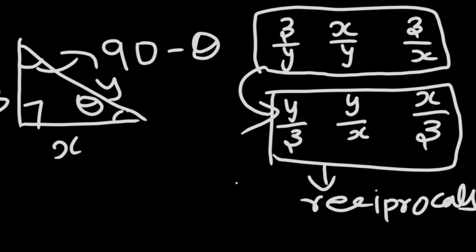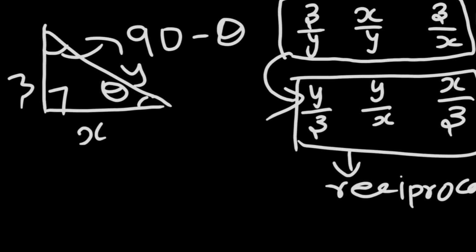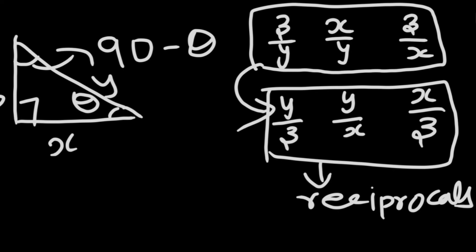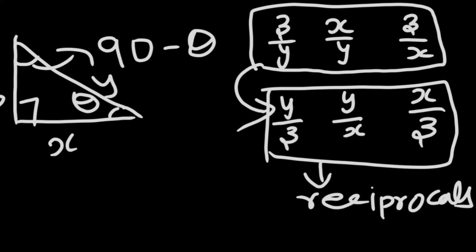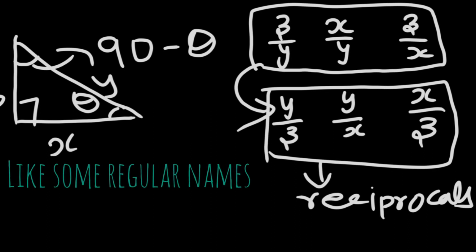Now I've named them like jug, cat, dog, gauge, tack, and god. But the mathematicians who worked so much on trigonometry haven't named these ratios with regular names.